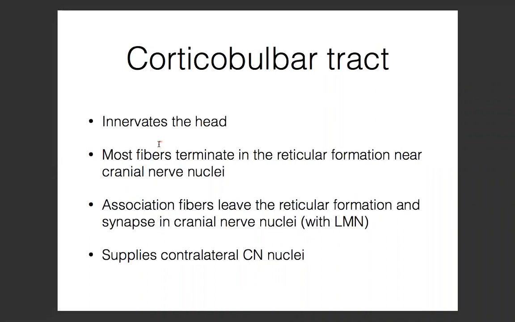We said the corticobulbar innervates the head and terminates in the reticular formation near the cranial nerve nuclei. Association fibers leave the reticular formation and synapse in the cranial nerve nuclei to form the lower motor neuron, and it supplies a contralateral cranial nerve. One thing you need to know about neuro is that there are two words you're going to meet a lot: contralateral and ipsilateral.